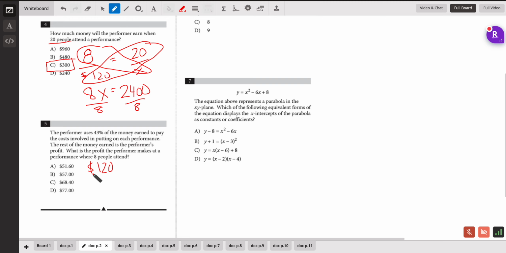Or we know that if 43% goes to the costs, that means 57% would be the profit. So I can just multiply 120 times 0.57, and that would get me $68.40.